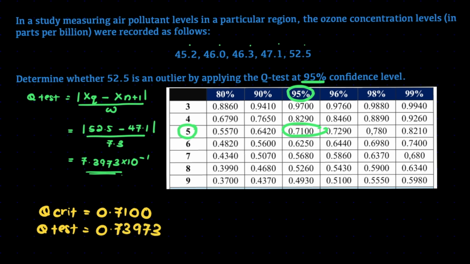0.73973. So by looking at this value, you can say that your Q test is bigger compared to your Q critical. Since your Q test is bigger than your Q critical, we need to omit the data point.